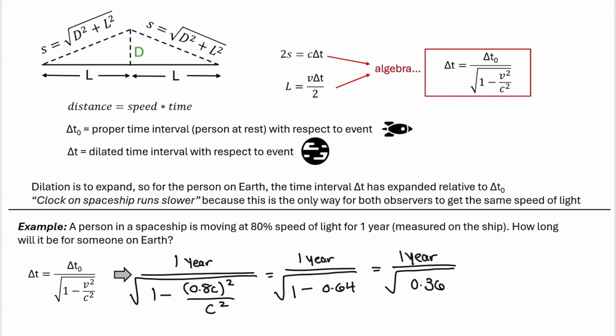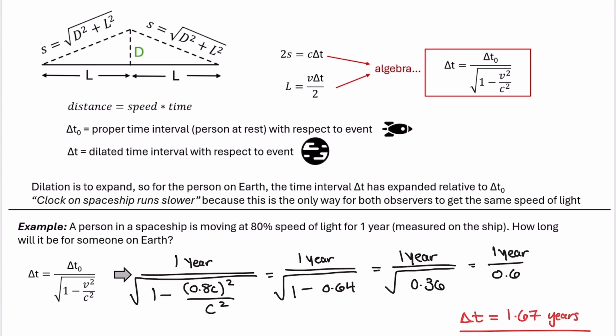And finally, we get it all the way down to 1 year divided by 0.6. And that final change in t viewed from the person on the Earth is 1.67 years.